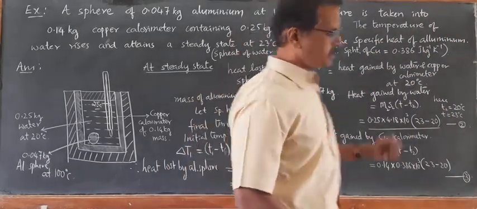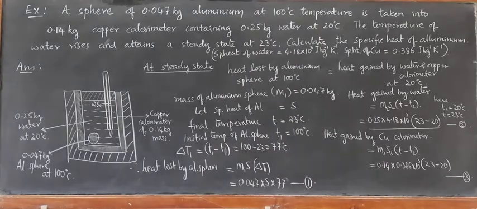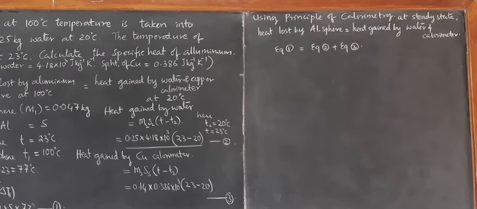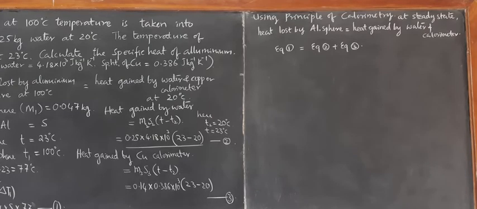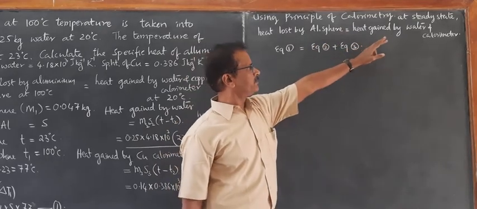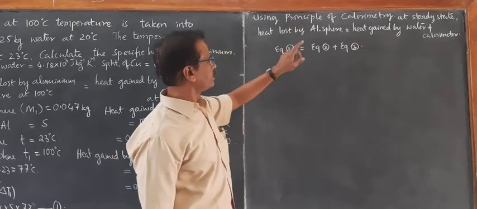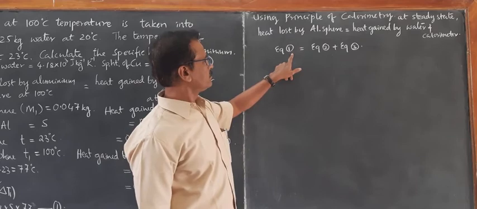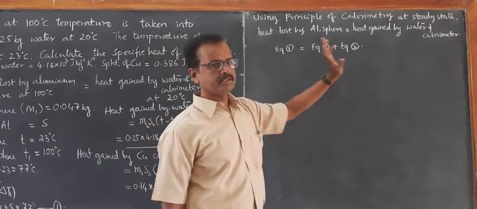Okay, I will write on the other side. Using the principle of calorimetry, at steady state, heat lost by the aluminum sphere is equal to heat gained by water plus calorimeter. So equation number 1 must be equal to equation number 2 plus equation number 3.